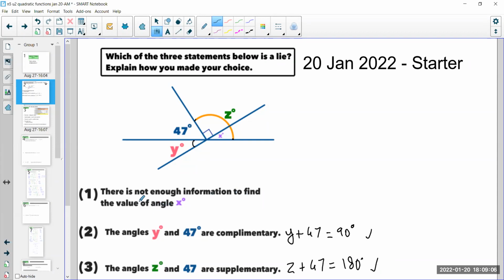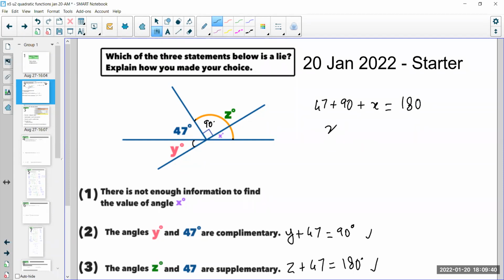So what they're telling us is there's not enough information. If it's a lie, that means we do have enough information. Okay, so let's check that. To find the angle X, I've got 47. I've been given here a right angle, 90 degrees, and I've got X. That means 47 plus 90 plus X should be equal to 180.